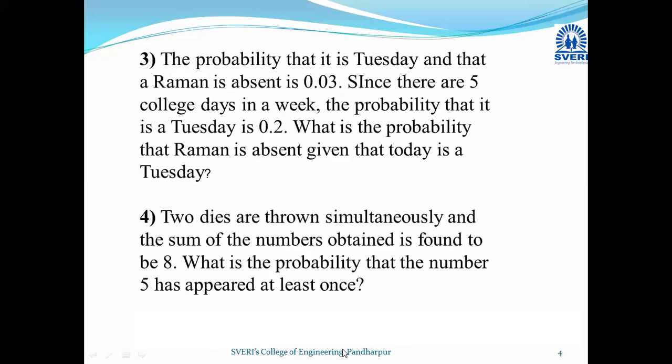2 dice are thrown simultaneously and the sum of the numbers obtained is found to be 8. What is the probability that the number 5 has appeared at least once? Here 2 dice are given and they are thrown simultaneously. The sum of the numbers obtained is found to be 8, and what is the probability that the number 5 has appeared at least once?